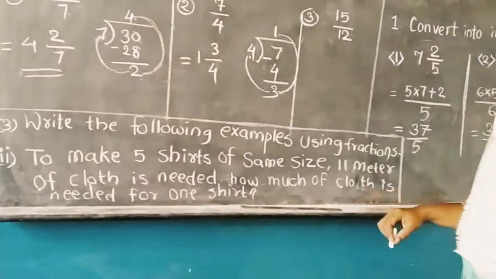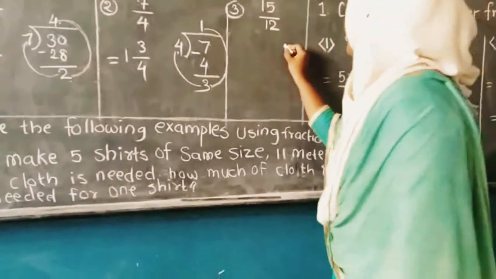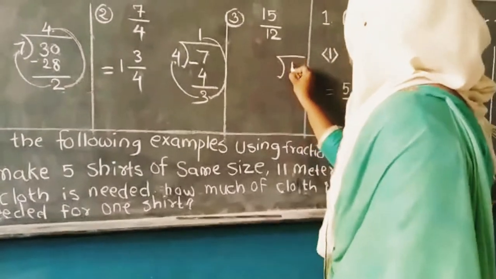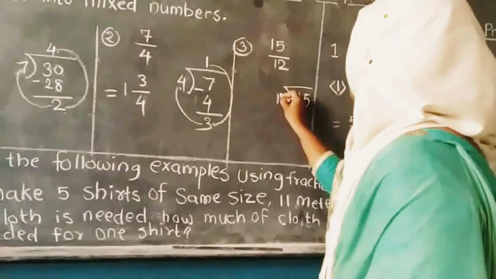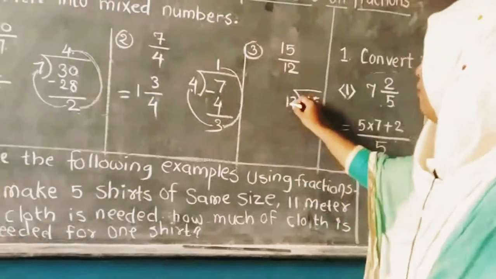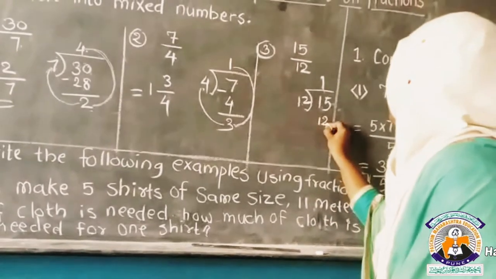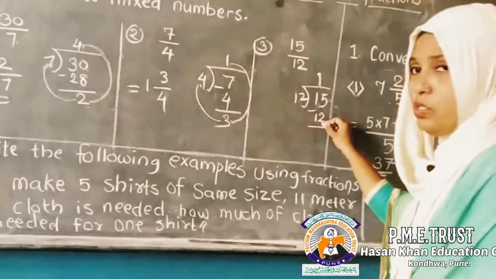Okay. The next example is 15 divided by the 12. Write here the 15 divided by the 12. 12 ones are 12, 12 twos are 24. Therefore here write 12 ones are 12. Right, here subtract this 15 minus 12.